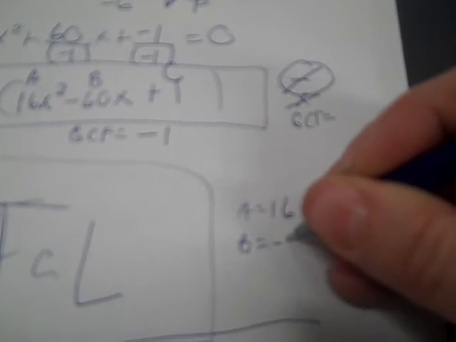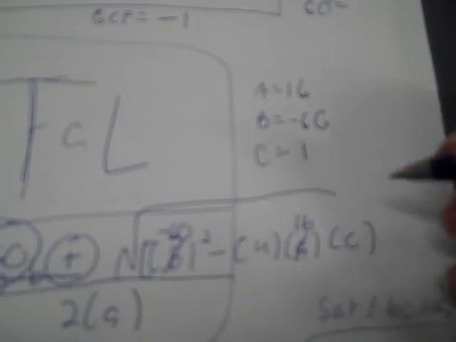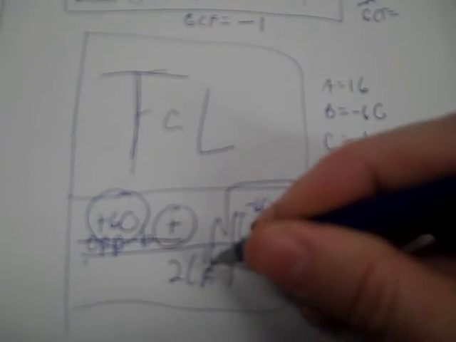Okay, so A is 16, B is negative 60, and C is 1. Okay, so the opposite of B, we switch that to a positive 60. Then the plus minus. B itself is negative 60. 4A is 16, and C is 1. Now my A down here is 16, so I take 2 times 16, that's 32.